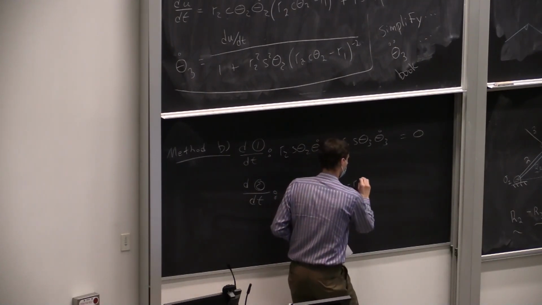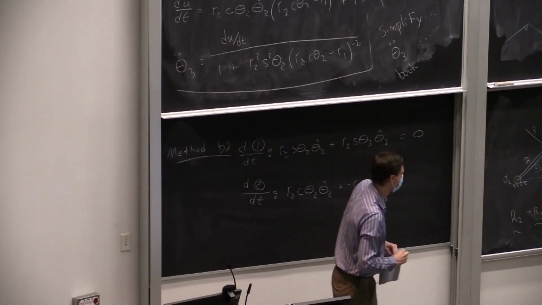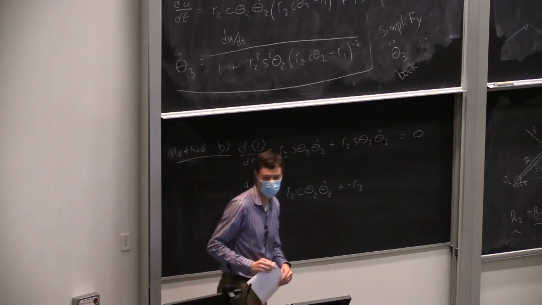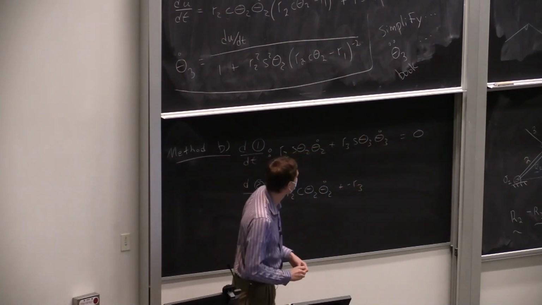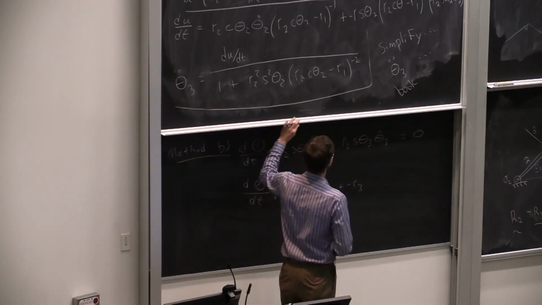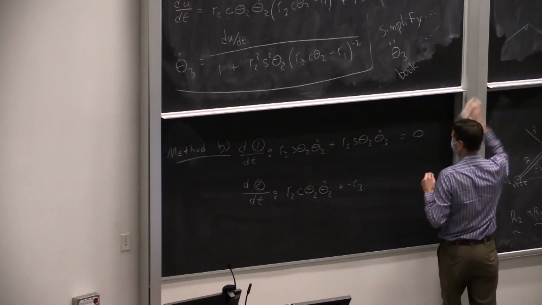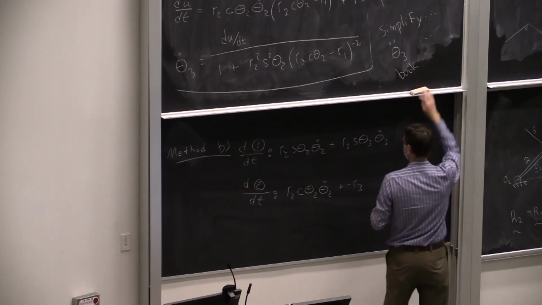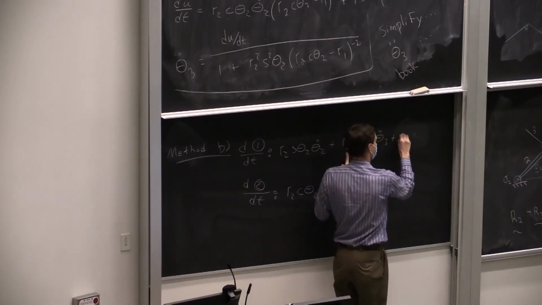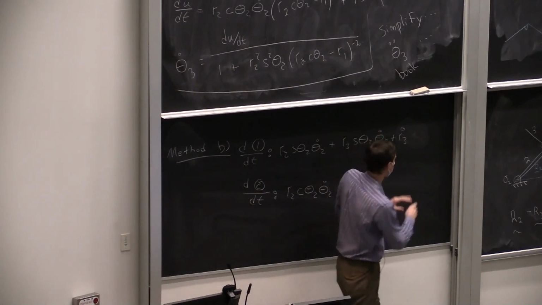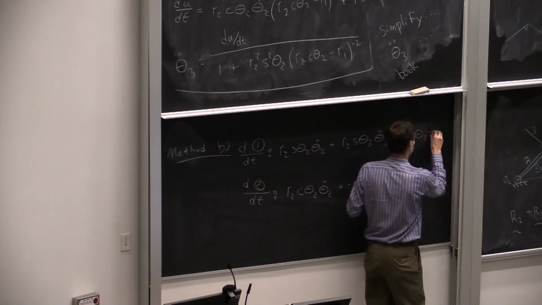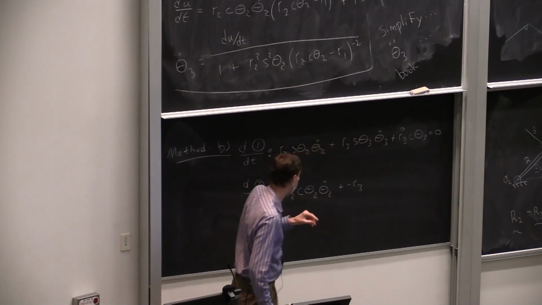This one should be negative. Oh, I made a mistake, right? R3 is varying over time, so I did drop a term. Now I see it. R3 is also varying. Okay, very good.